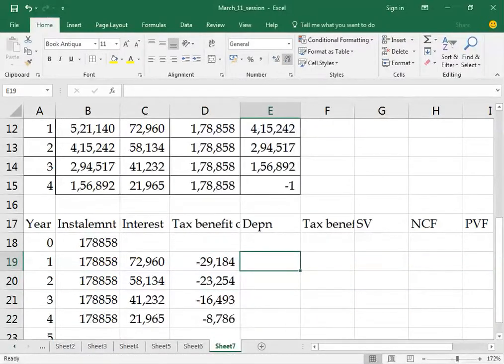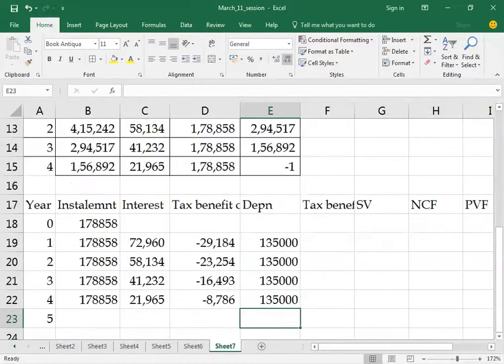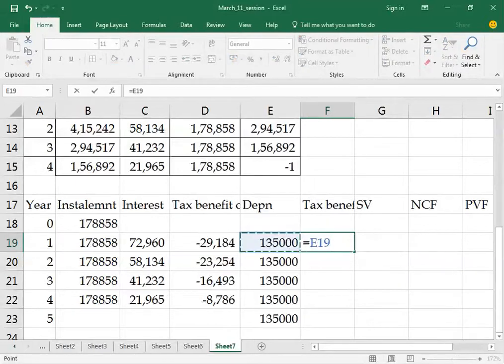Depreciation is 6,99,998, cost of the asset, minus salvage value, divided by 5 years. That is 1,35,000. 5 years depreciation is provided. Tax benefit on this is 40%.